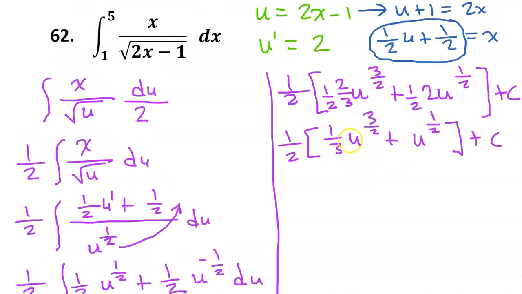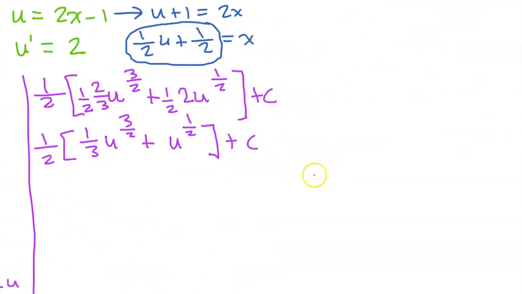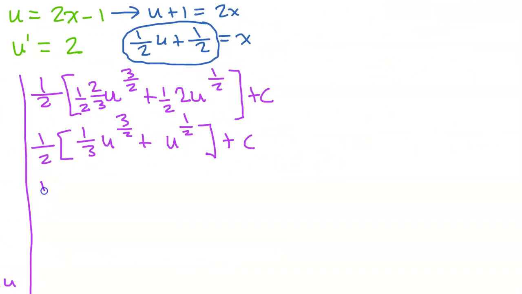Okay, I am doing the method where I am leaving the original limits of integration. So I need to go back to x's. So this is going to be a long expression, but what are you going to do? So I have 1/2. Okay, here come the x's.